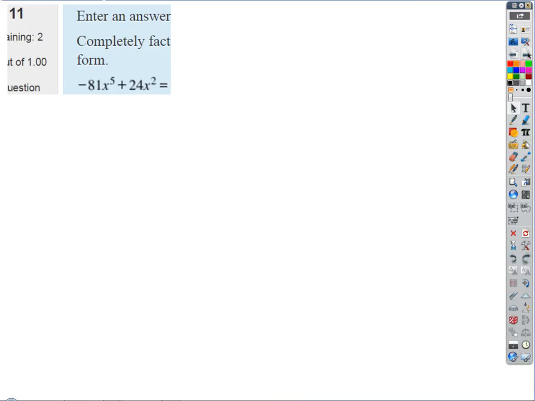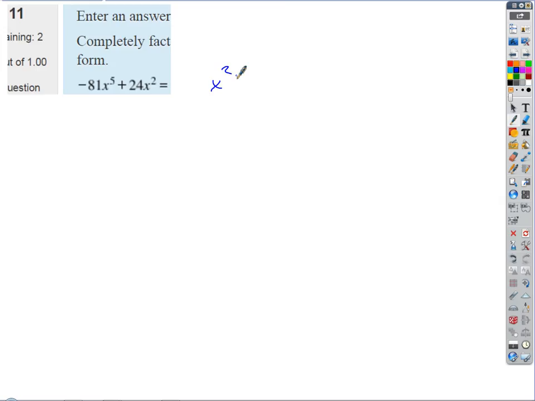What could we take out? X. And what's the sign of our greatest common factor gonna be? It's gonna be negative, right, because the leading term is negative. So we know we can take out at least an x squared, and it's gonna be negative. Is there a number part we could take out of this too? 3. 3 we could take out, yeah.